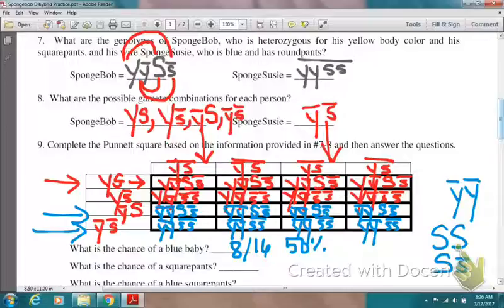That would still be square. So you're looking at anything that's big S, big S, or big S, little s. It is also going to be 50%, because if you look in this row and this row, all of them are big S, little s. So that also is going to be 8 out of 16 or 50%.